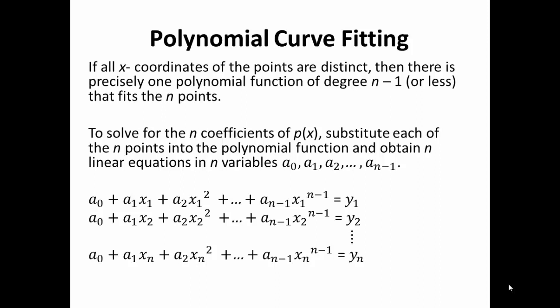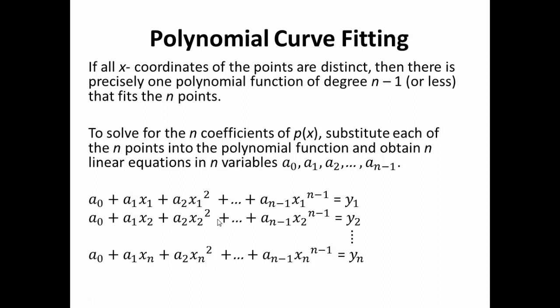So to solve for the n coefficients of the polynomial p of x, we substitute each of the endpoints into the polynomial function and obtain n linear equations in n variables. And mark you, the n variables are a0, a1, a2, right up to an-1. So right here is our system of linear equations.